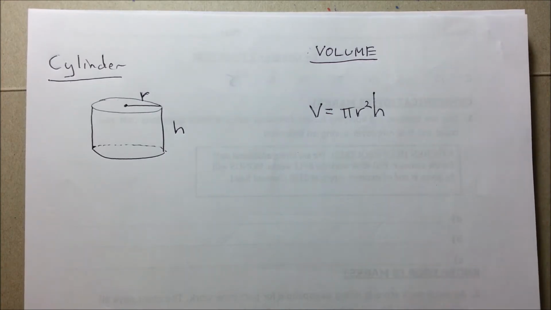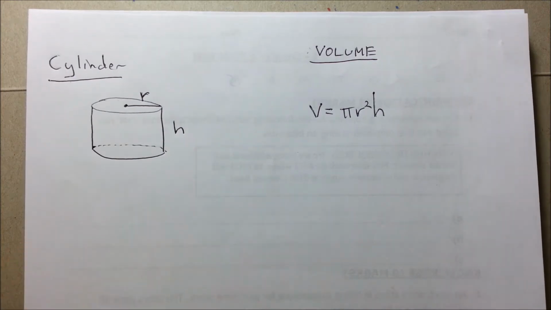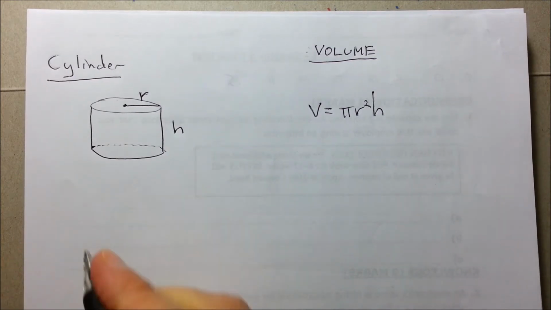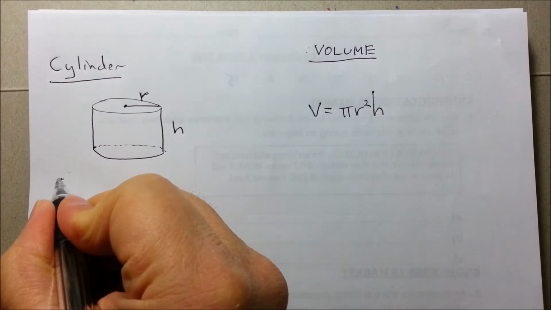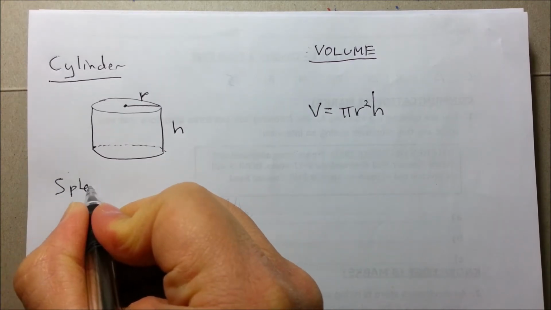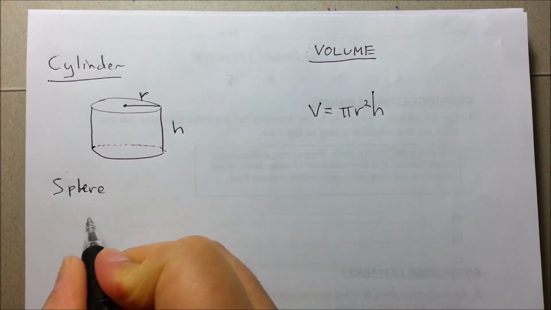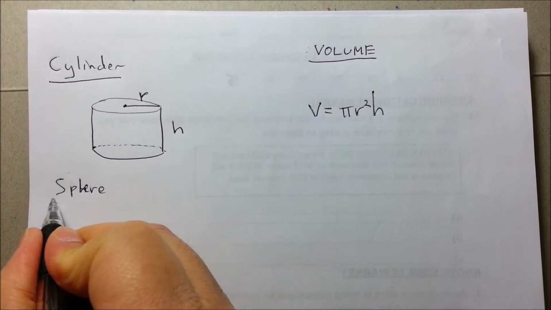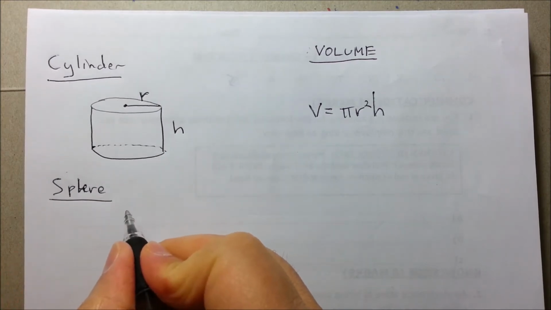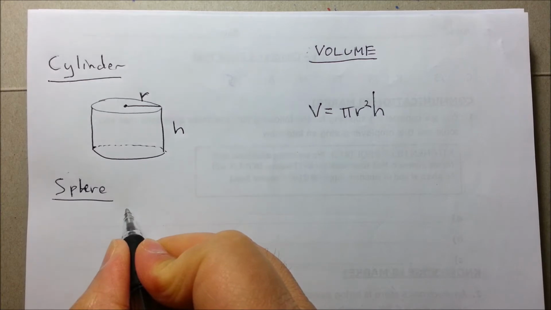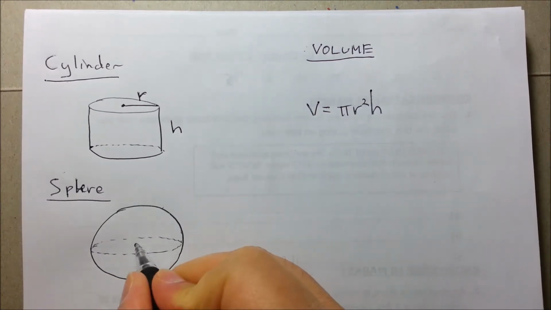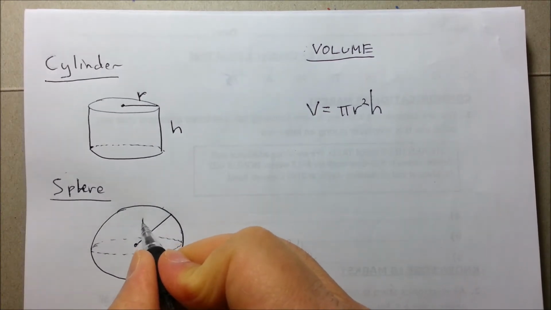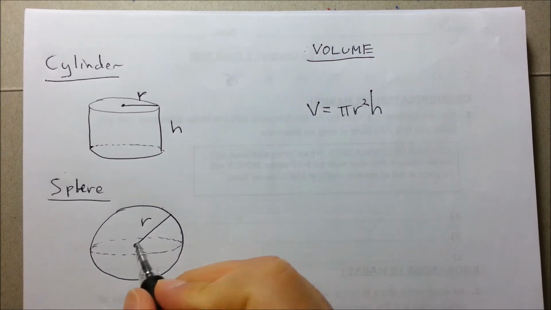Let's take a look at another shape, and in fact let's write down here, sphere. Let's look at the formula for the sphere. Now let's draw a sphere. I'm not very good at this, but I'm going to try my best. And there's the radius.